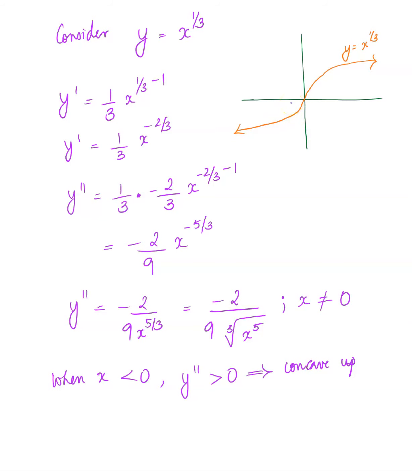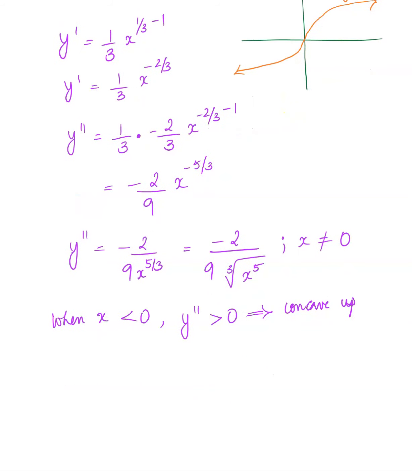It's got the upward look. And then x positive means x power 5 will also be positive. The cube root of a positive number will be positive. But this fraction has a negative sign, so y double prime will be negative, which implies it's concave down.